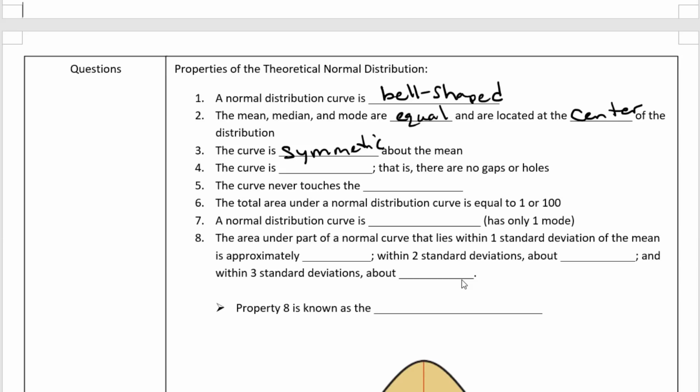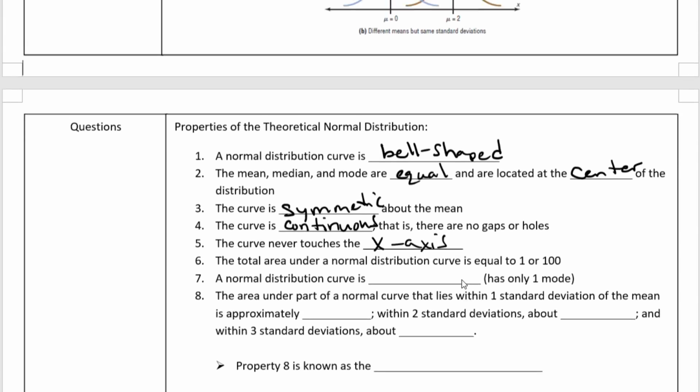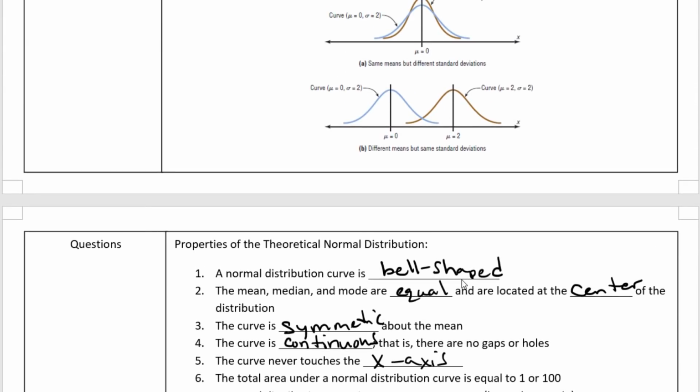The curve is continuous. It goes on forever, and it doesn't have any gaps. The curve never touches the x-axis. If you look at the graph, it's never quite touching that x-axis.